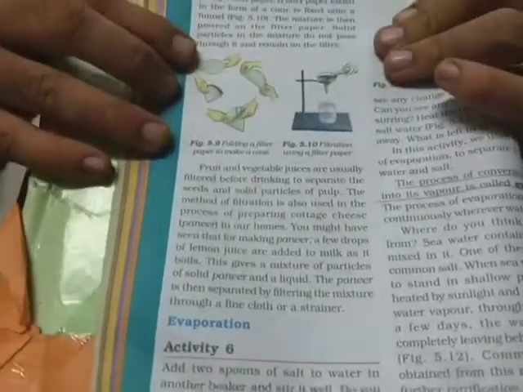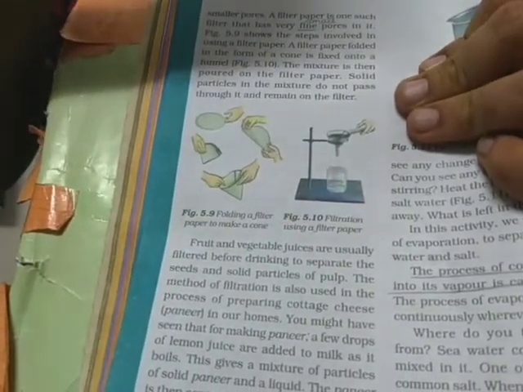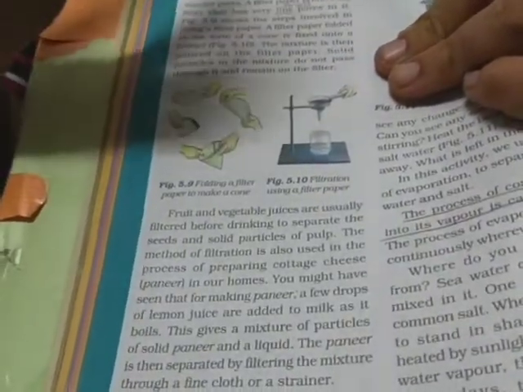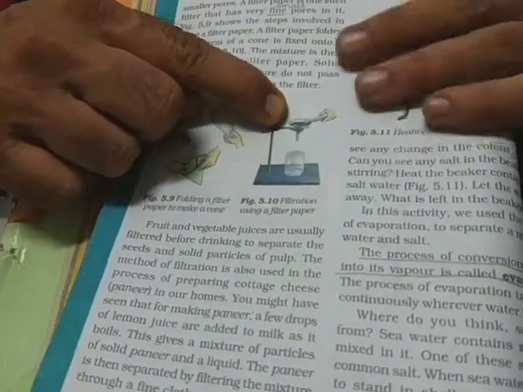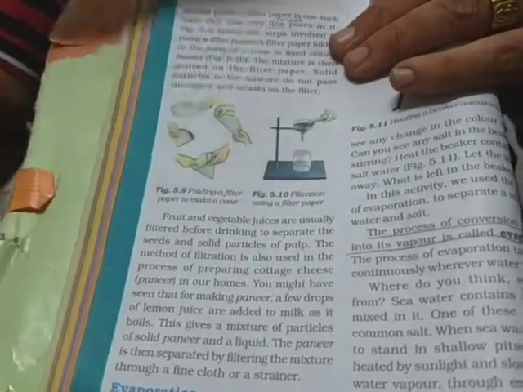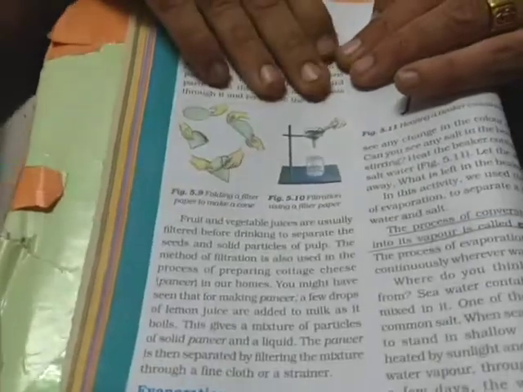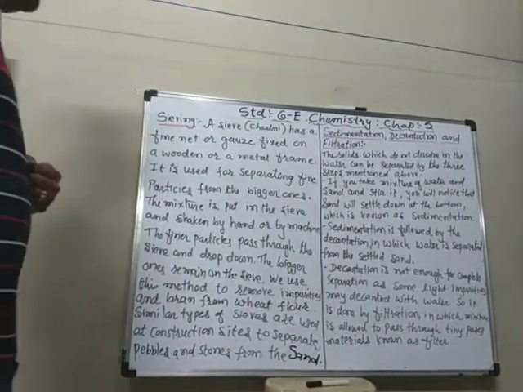And then we allow it to pass through the filter paper. We can make the filter paper like a funnel. Fold it four times, two times in the rounded one, and then you can open it to put it in the funnel. Then the mixture is allowed to pass through that filter, and the filtrate water will come down because it can pass through the tiny pores, while the impurities cannot pass, so they will remain on the paper.